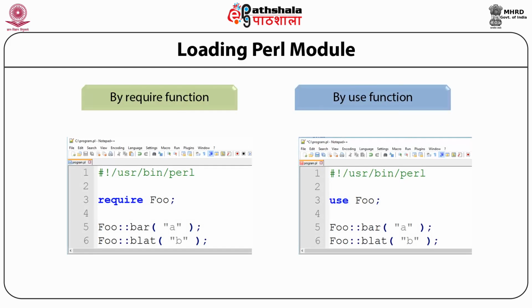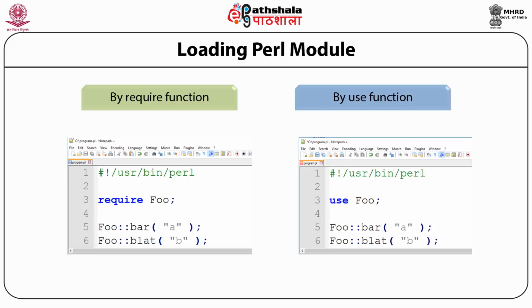To load a Perl module, Perl has given two inbuilt functions, which are require and use. The syntax of the function, for require, is require space and the package name. Here it is foo. And to access a function of the package, we need to write the package name, then the colon, then the object name or the function name of the module.